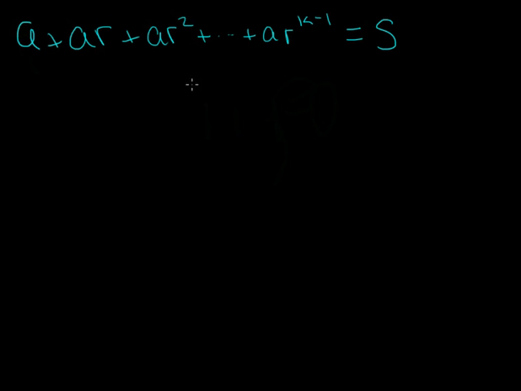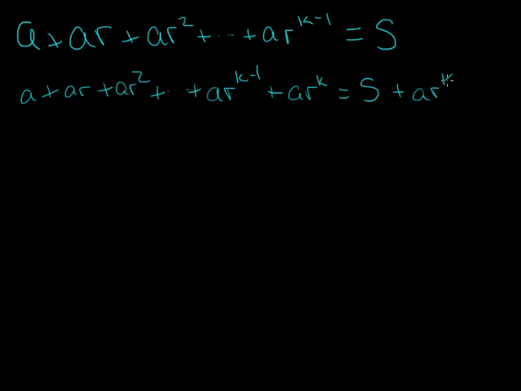What happens if we add another term on? So now we have a plus ar plus ar squared plus dot dot dot plus ar to the k minus 1 plus ar to the k. Well, this would equal our sum plus ar to the k.